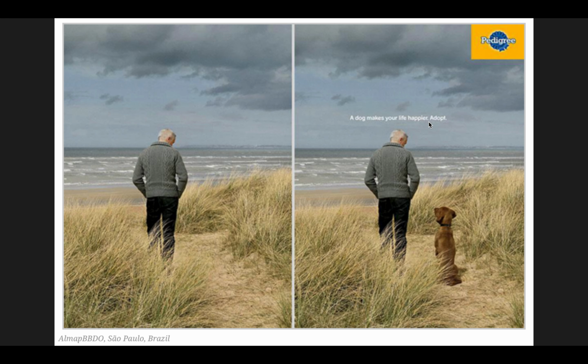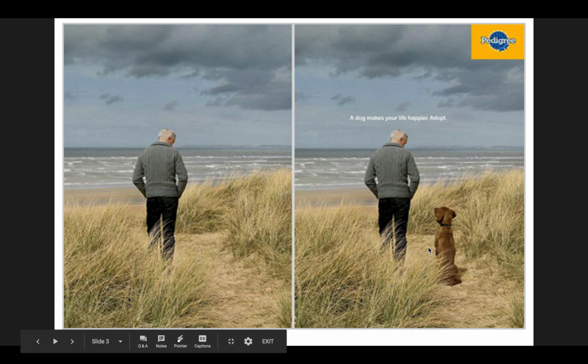Now, when you first look at this, you might think that the purpose of this ad is to get you to adopt, because it says adopt right here, right? This guy looks kind of lonely, lots of grays here, and he's looking at this area where there's no dog, and then a dog appears, and you see the difference between life without a dog and life with a dog.